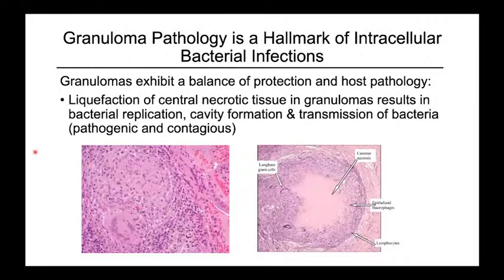Okay, and then finally, if you get liquefaction of this necrotic area, what we call caseous necrosis, remember, the bacteria within the center of this granuloma are usually viable. So they continue replicating. You can get cavity formation and transmission of your bacteria because they get released from the cavities into the circulation. So this would be a pathogenic response.